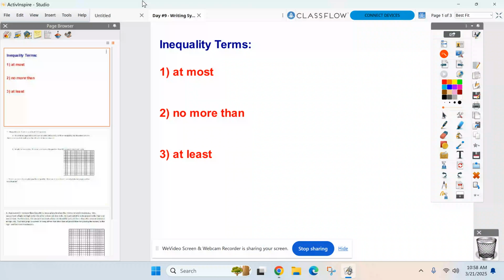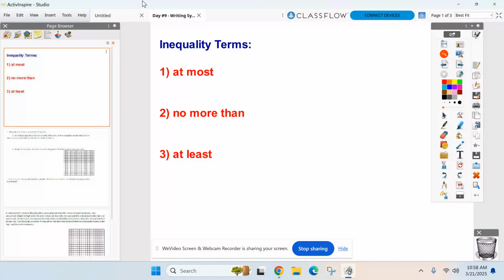Before we do that, I want to make sure that if these words come up in the problems we're about to do, we know what inequality symbol to put. You're going to see the word "at most." Think about someone telling you, I have at most $10 in my pocket.